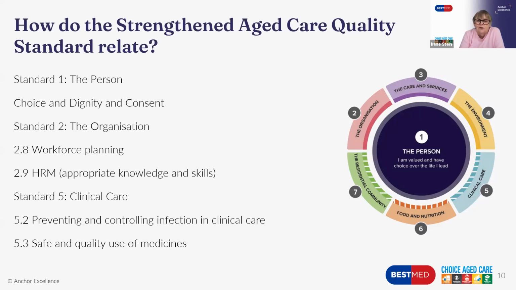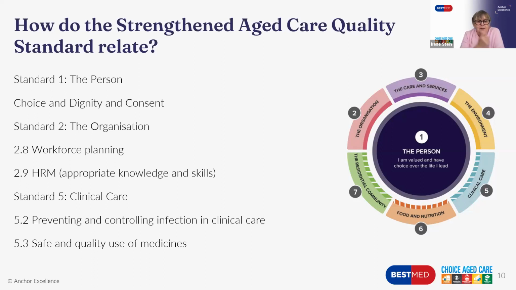We look at Standard 2, which is the organisation, particularly 2.8, which is about workforce planning. And here we're talking about having the right people in the right place at the right time to do the right thing. 2.9 is human resources management.